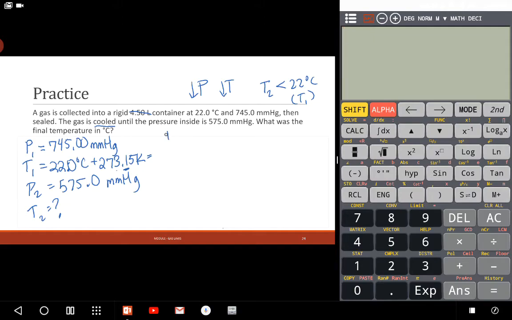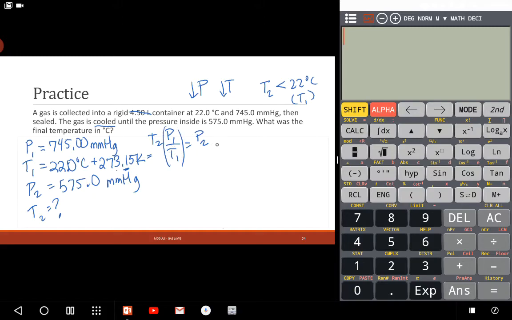So our equation, P1 over T1 is equal to P2 over T2. We can solve for T2. T2 is in the denominator, and so that means I'm going to have to multiply both sides by T2 in order to cancel it out. Now it's in the numerator, so it is something I could actually solve for. Now I have to isolate it by getting rid of this term.